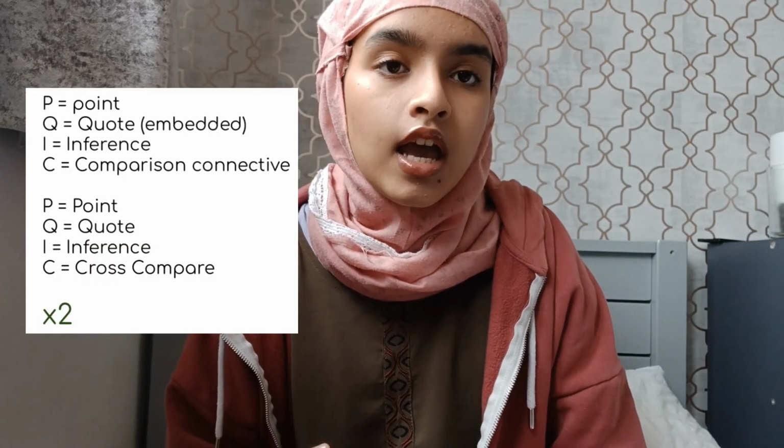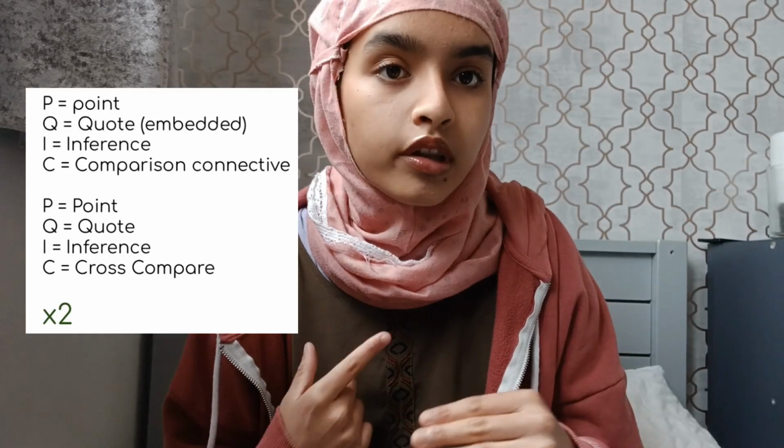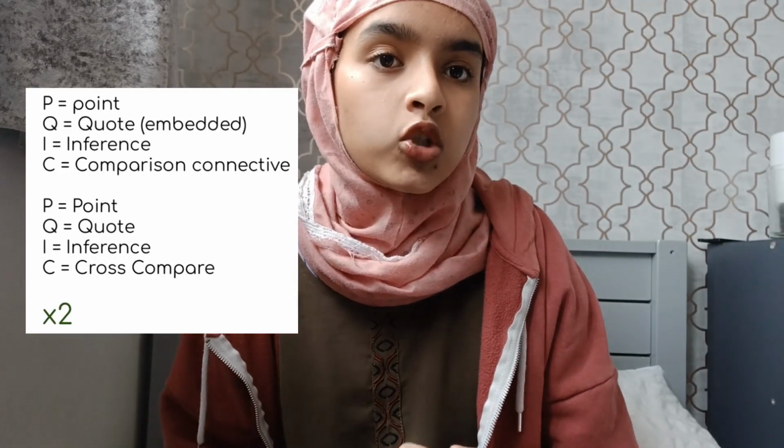This one has a slightly different structure, so how you would do it is it's called PQIC, and you do 2 of those. The PQIC stands for point, quotation, inference, comparison connective, point, quotation, inference, cross compare. This question is 16 marks, so you spend around 20 minutes on it.